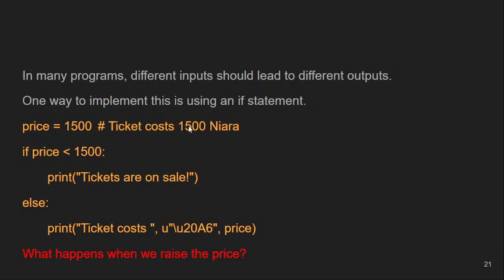This is a comment. All right, so your ticket price initially is 1,500. If it is less than this price, this is what you should get. Otherwise, this is what you should get. But I want you to print what happens when you raise the price. What happens?